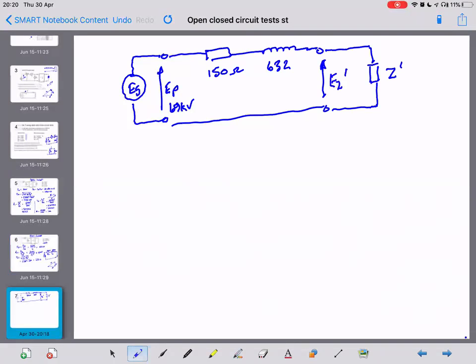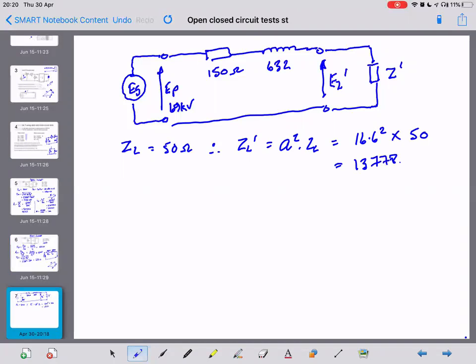To start this, we had ZL is 50 ohms. Therefore ZL dash equals A squared times ZL, where A was 16.6, so 16.6 squared times 50 equals 13778 ohms.